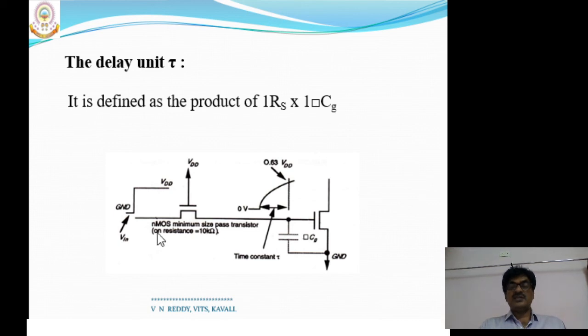So this is the resistance Rs and this is the capacitance Cz existing in the circuit. Therefore, the time delay or time constant of this circuit is resistance times capacitance, that is 1 Rs into 1 square Cz.